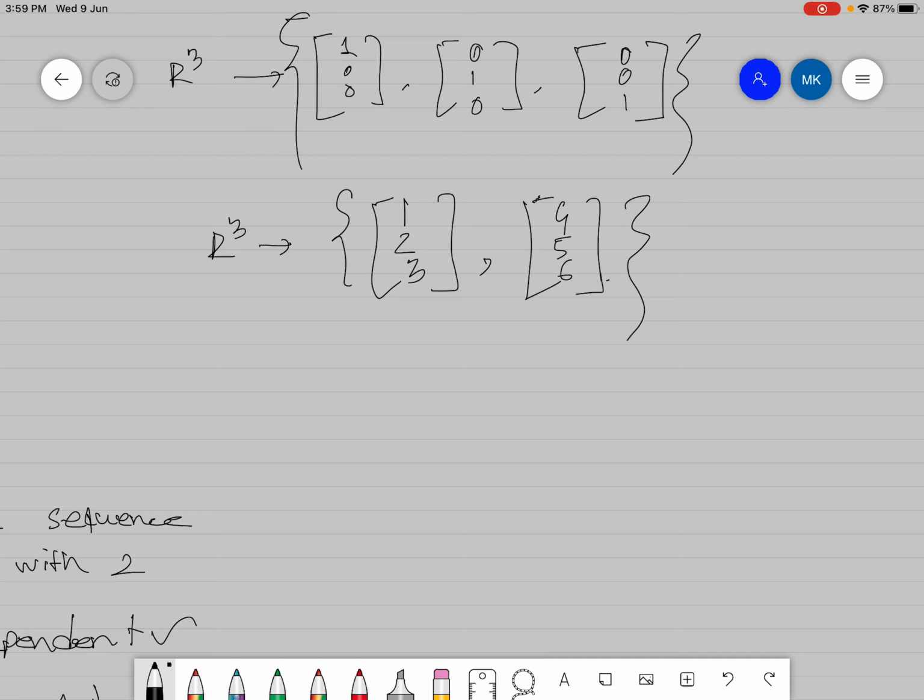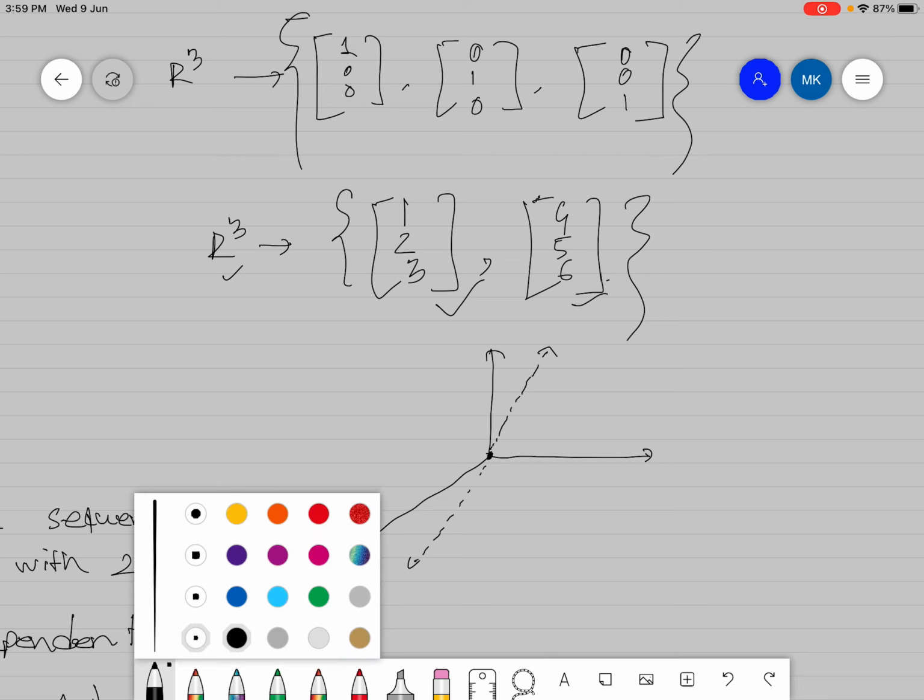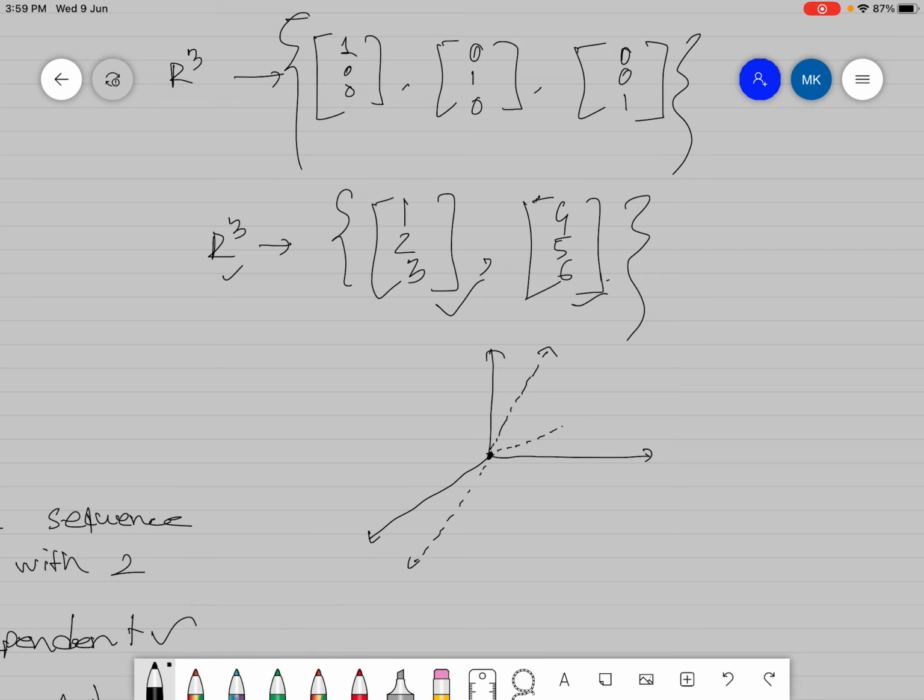are they still one basis of R3? In R3, let's say for 1 2 3 we have this vector, and for 4 5 6 we have this vector.